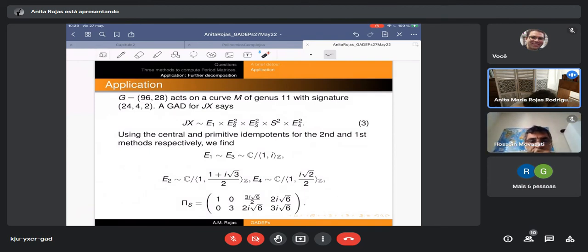And we have the idempotents, so we can compute the image. We don't have the Riemann matrix or the period matrix for the Jacobian, but we have the period matrix of the primitive factors. And this is a surface, but we have the Riemann matrix of the surface.